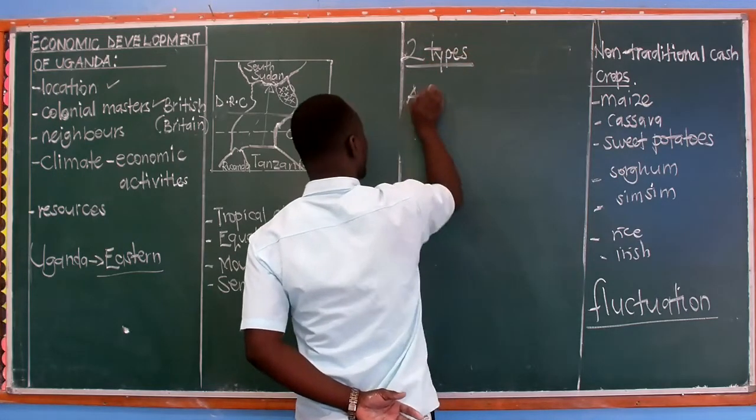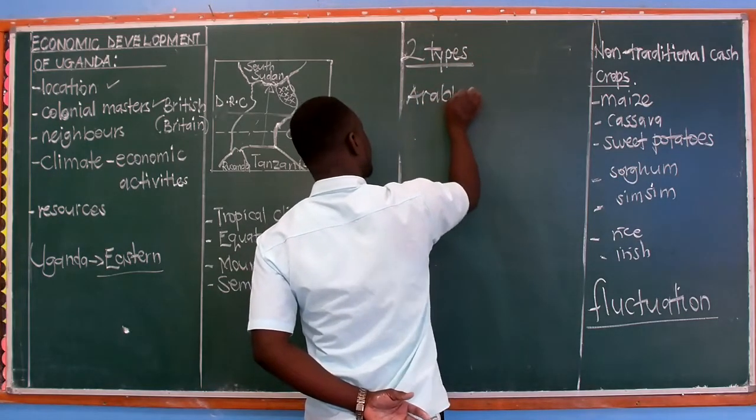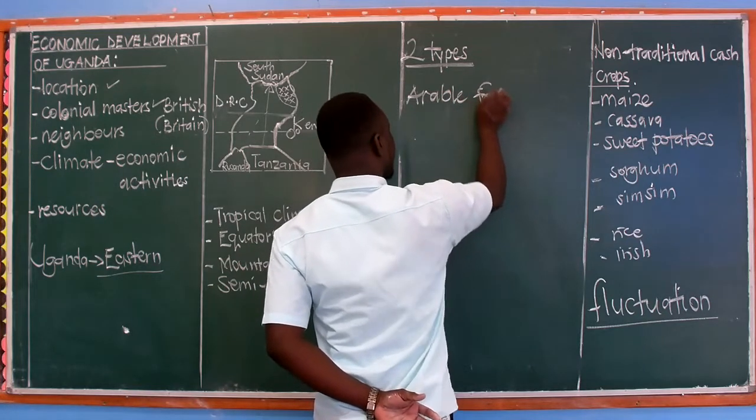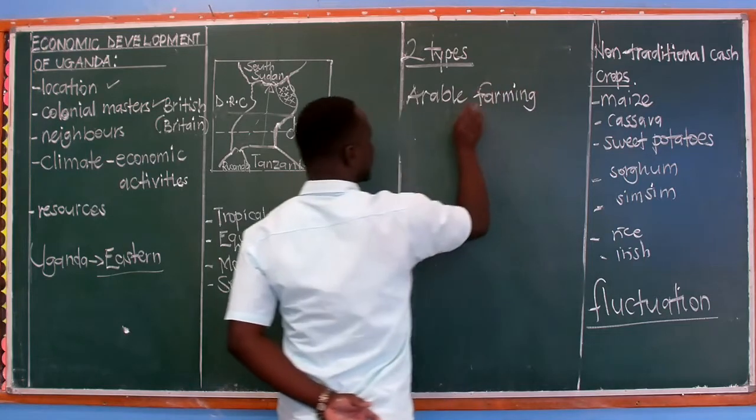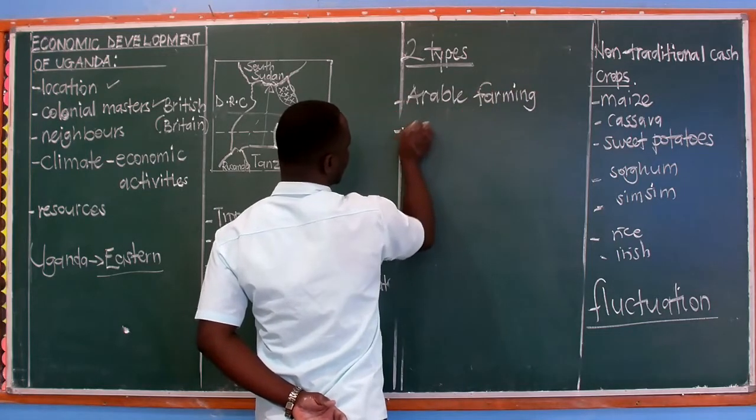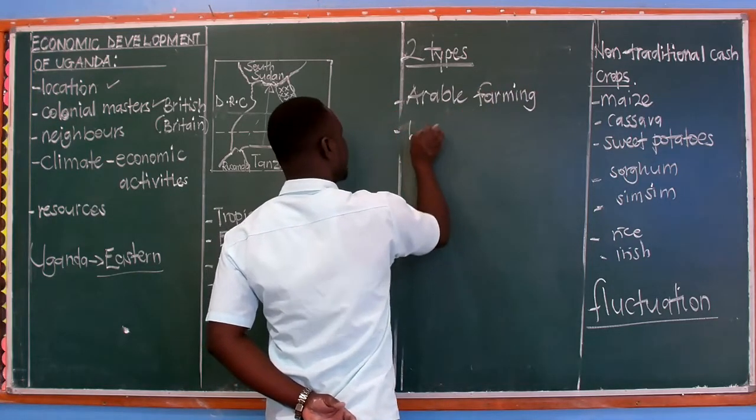We have what we call arable farming. And then we shall also look at what we call livestock farming.